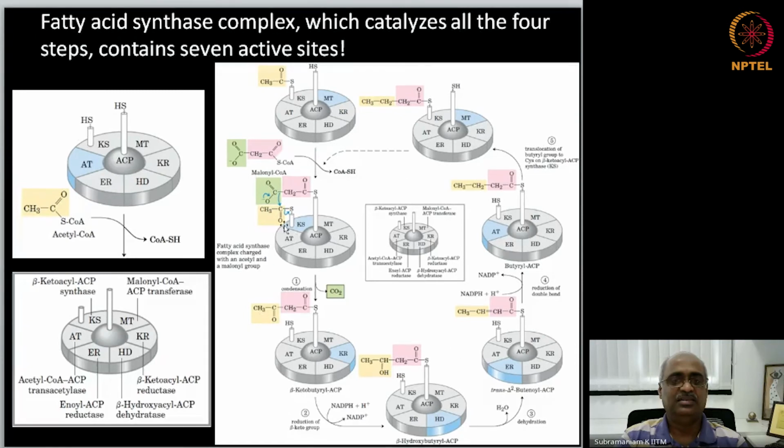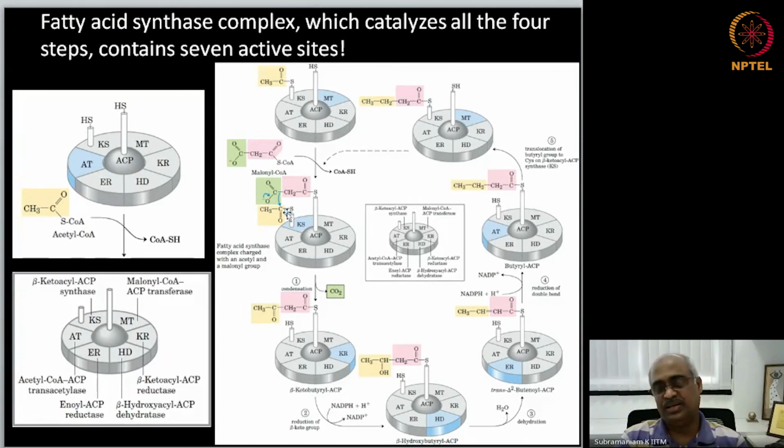And like this, it keeps cycling. And you need to remember the new carbons that are being added come into this growing chain in the form of Malonyl-CoA. And so the addition is near the carboxyl group, not at the methyl group.